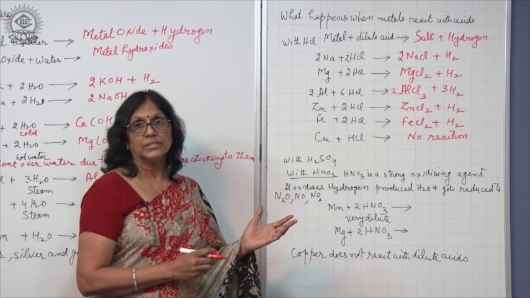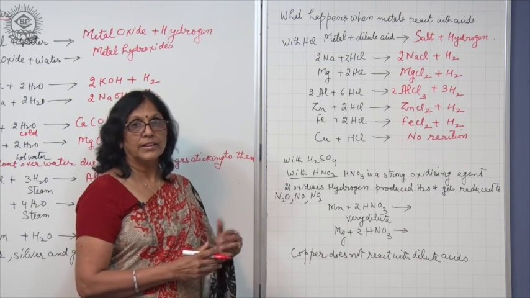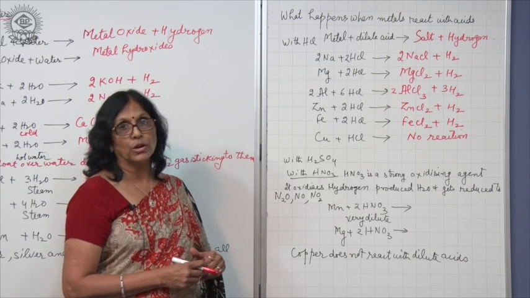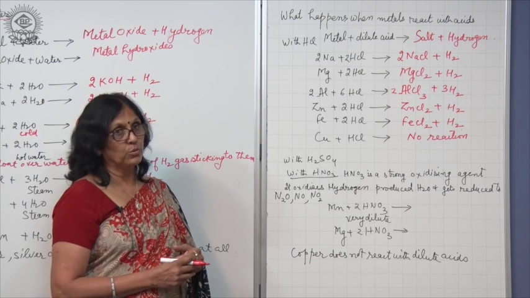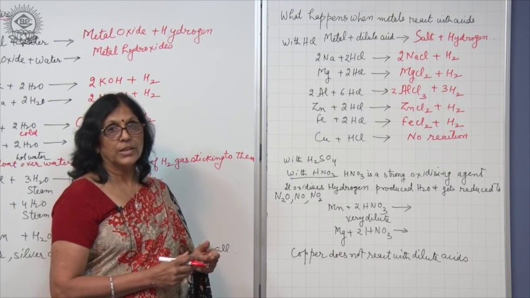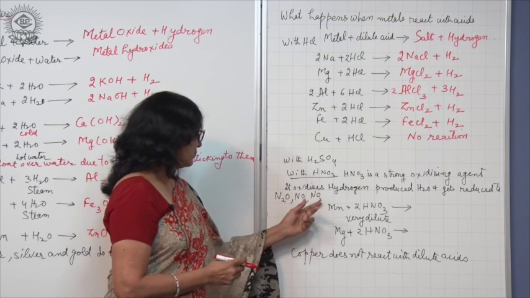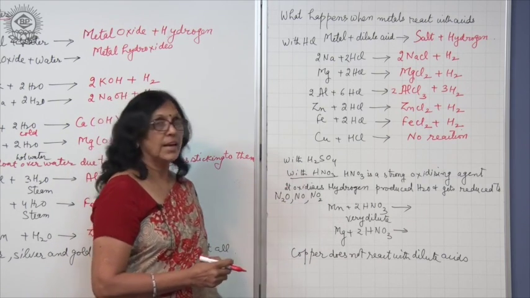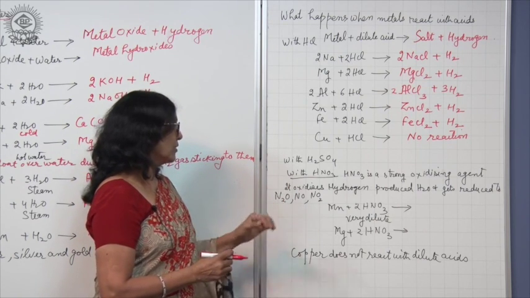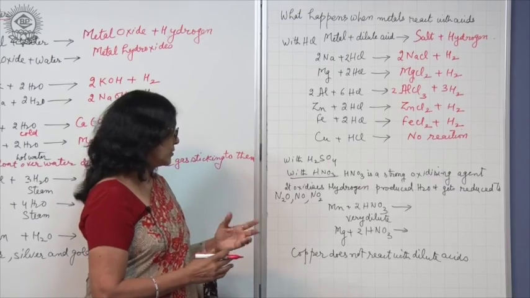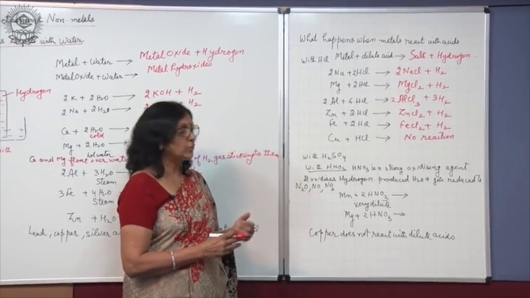It oxidizes the hydrogen gas liberated to water and nitric acid itself gets reduced to the oxides of nitrogen like dinitrogen oxide N2O, nitric oxide NO and nitrogen dioxide NO2. So, hydrogen gas is not liberated in the case of nitric acid on reacting with metals. So, metals normally do not react with nitric acid and do not liberate hydrogen gas.